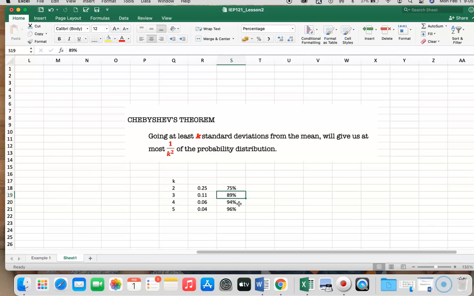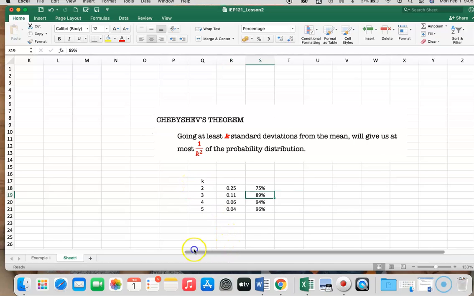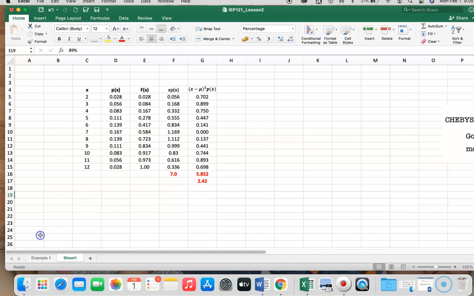And so, let us try to prove through an example that Chebyshev's theorem is indeed correct. This is a probability distribution function of two dice that are rolled, and let the variable x be the sum of the faces of the dice when they come to rest.